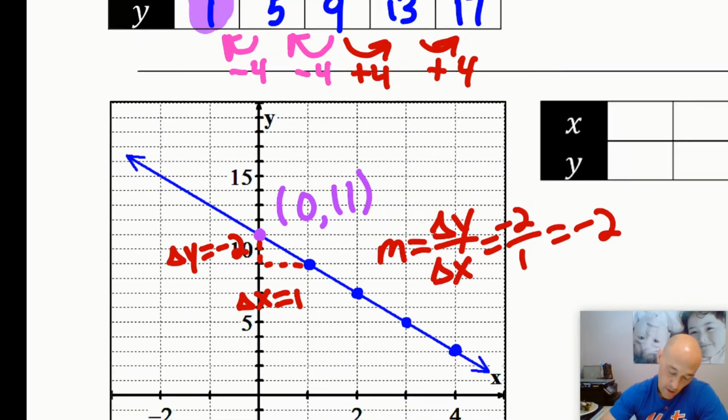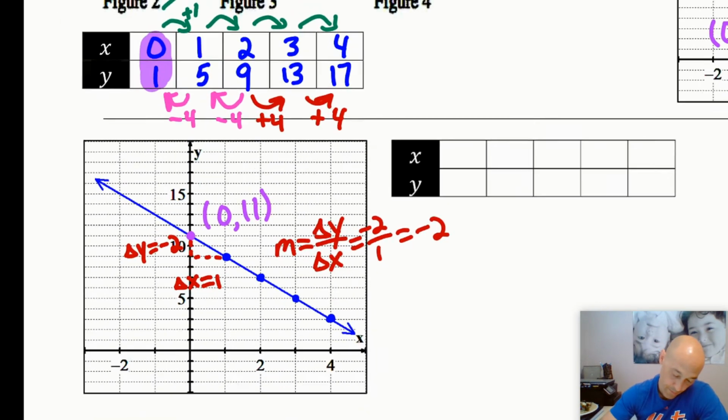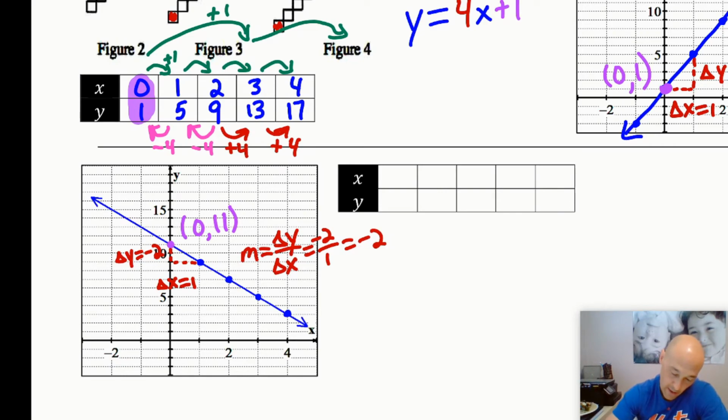All right. So there's our graph. That's what we were given. In our table, we can add the point (0, 11). That's our y-intercept right here. And then the next point we could add is (1, 9), (2, 7).